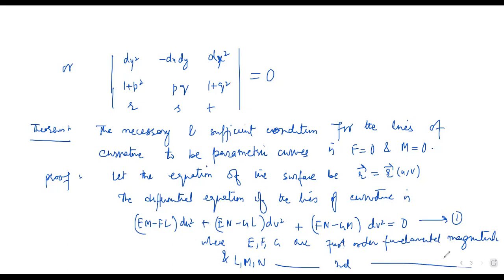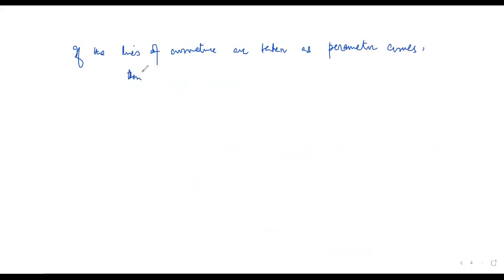Now if the lines of curvature are taken as parametric curves, then automatically F is equal to 0, since the principal directions are orthogonal.